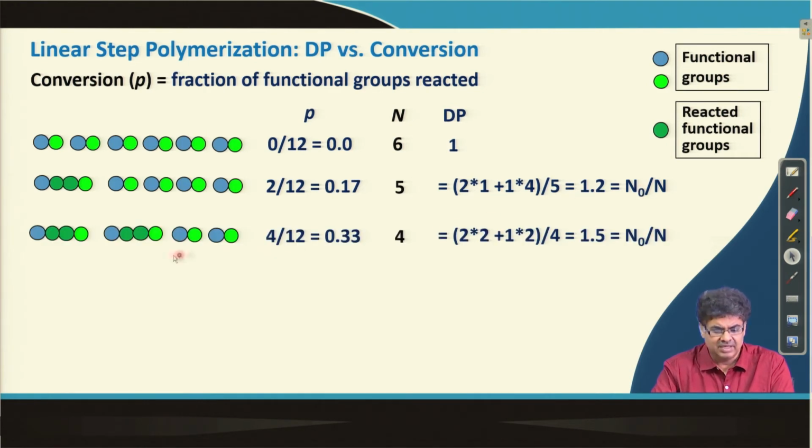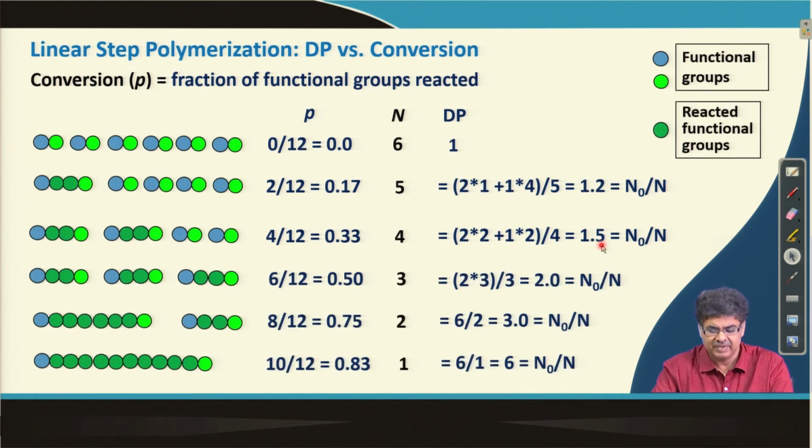When these two also react, now we get 4 molecules. The number of functional groups reacted is 4, so P is 4 divided by 12, 0.33, and we get degree of polymerization, the total number of molecules present initially divided by the total number of molecules present now, which is 6 by 4, which is 1.5.